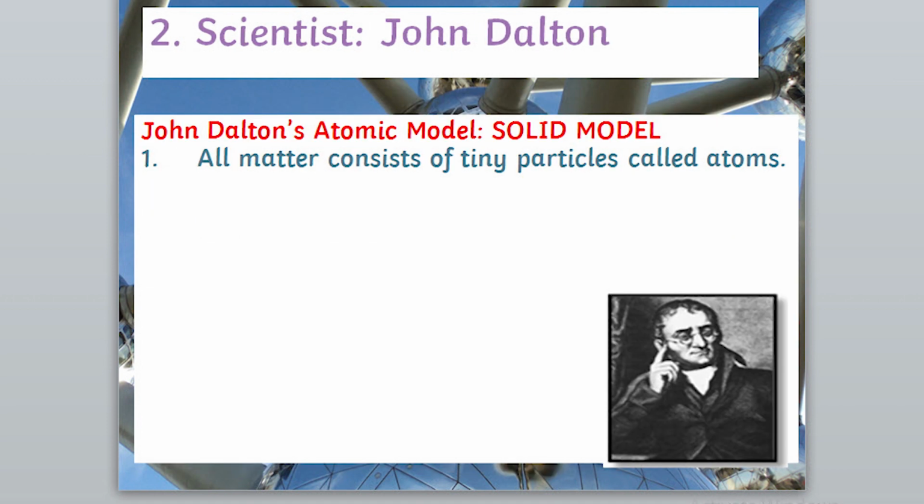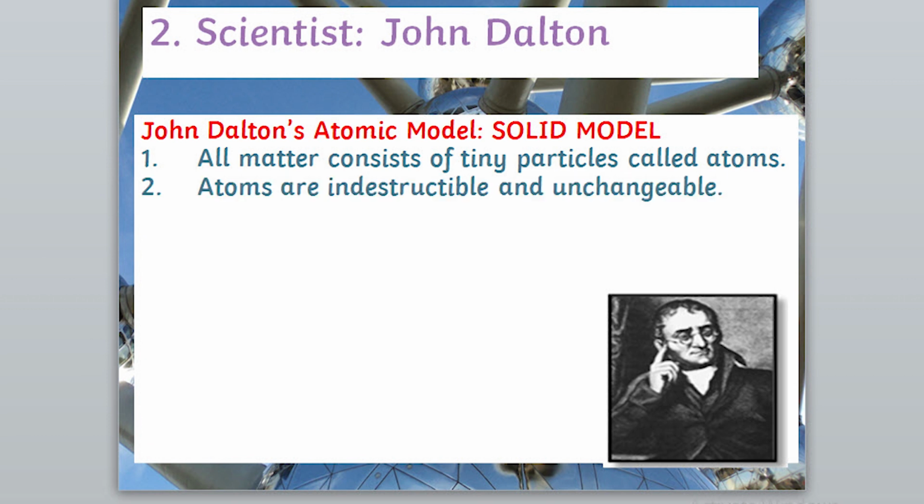John Dalton's atomic model, the solid model. In 1808, the scientist John Dalton stated these facts about the atoms. All matter consists of tiny particles called atoms. Atoms are indestructible and unchangeable.